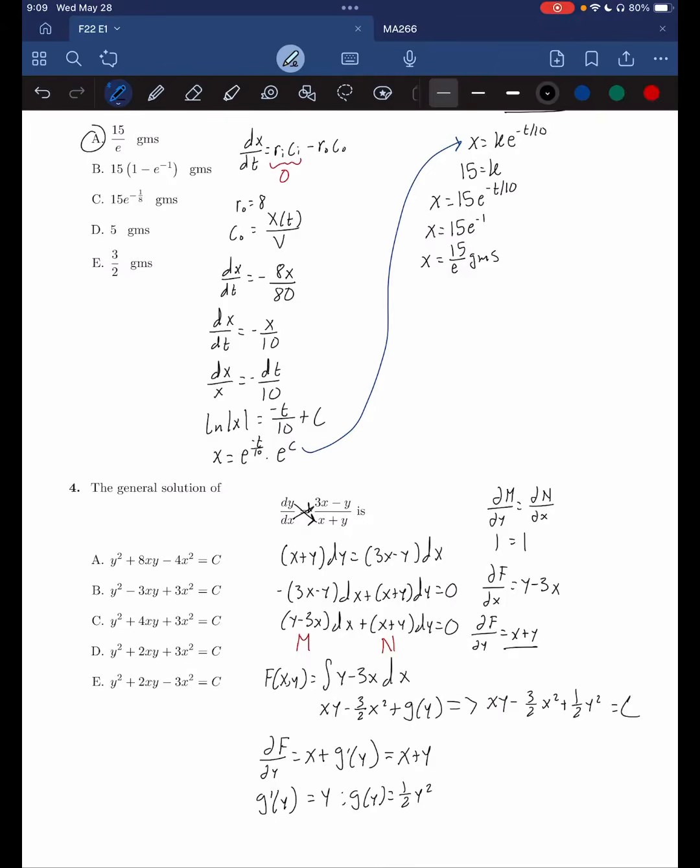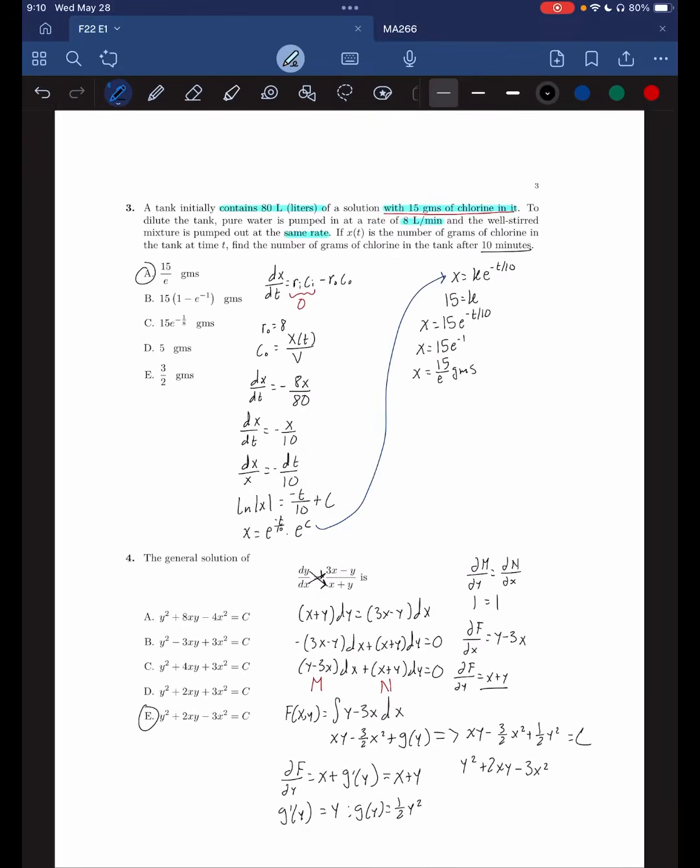They just multiply by 2, right? And the y squared is out front, so you have y squared plus 2xy minus 3x squared. 4 is e. Let me just double check that's the right answer. Yep, 4 is e. Okay, moving on.